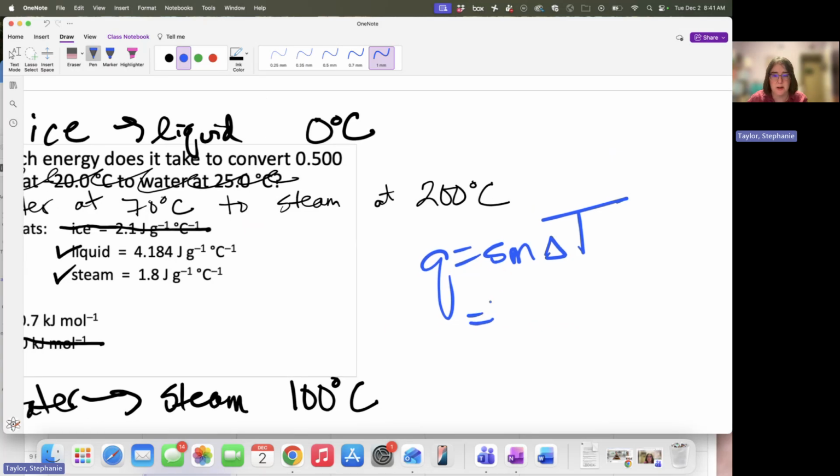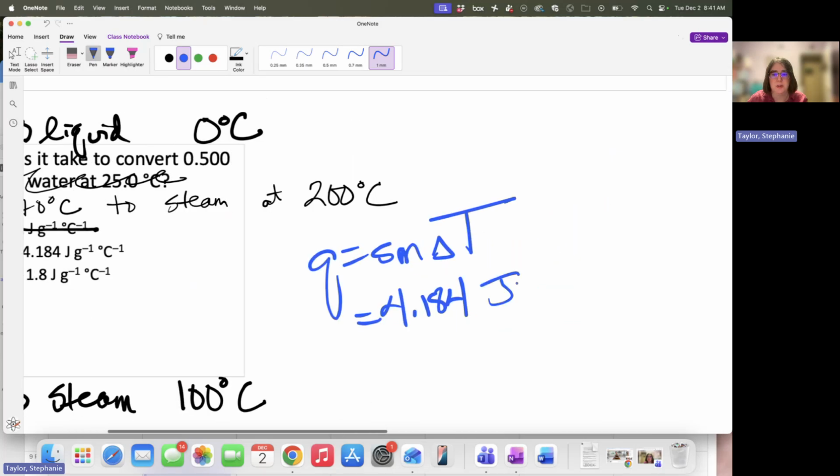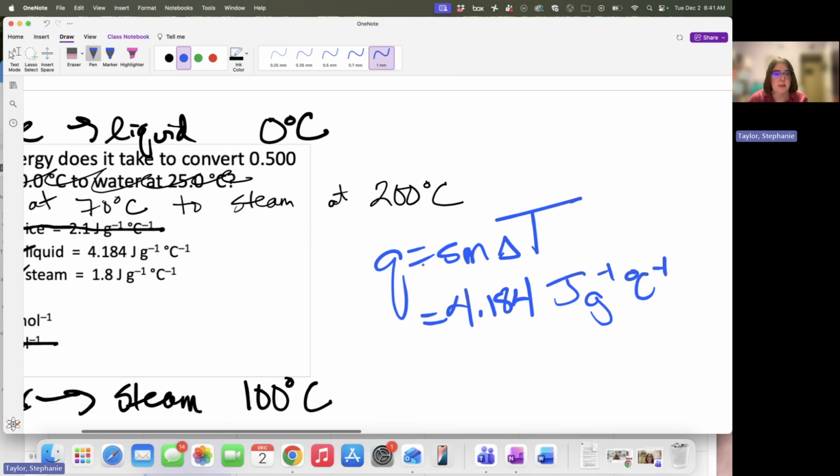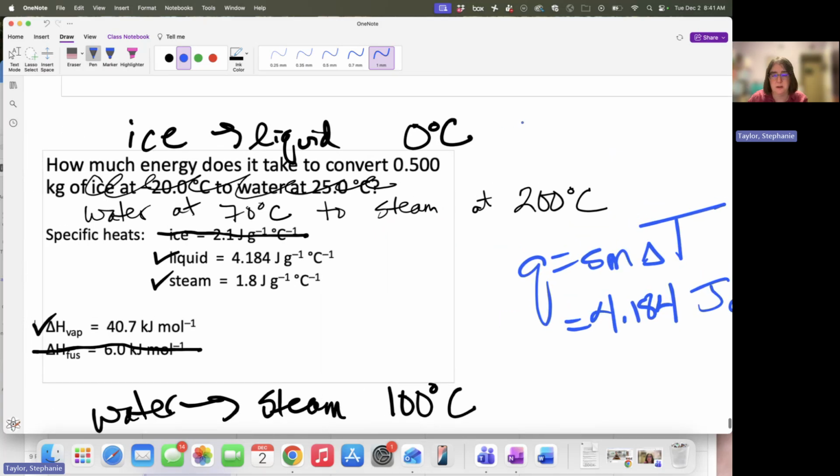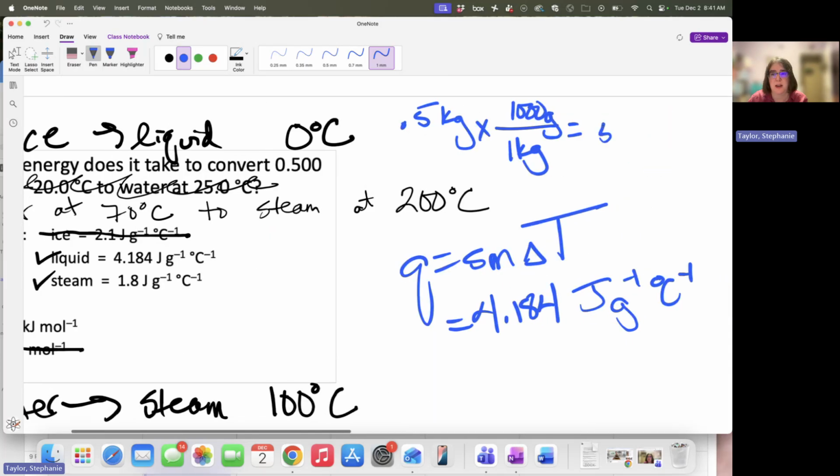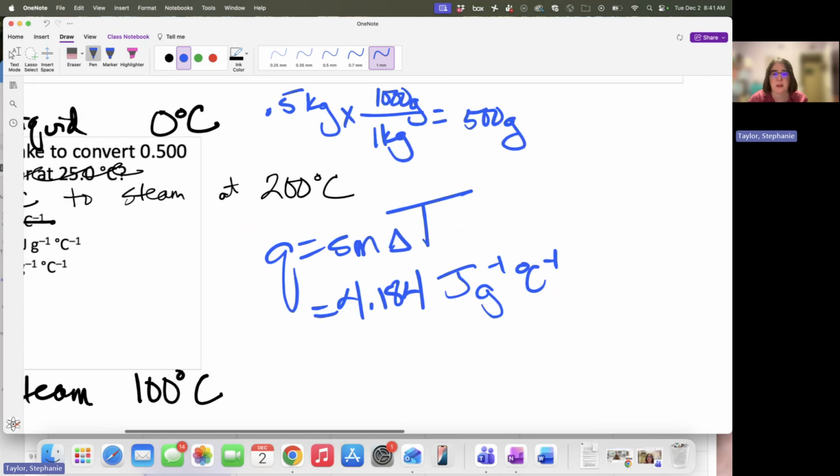This is liquid water, so this is 4.184 joules per gram per degree Celsius. The mass is 0.5 kilograms, so I can say in 1 kilogram there are 1,000 grams, which means I have 500 grams.